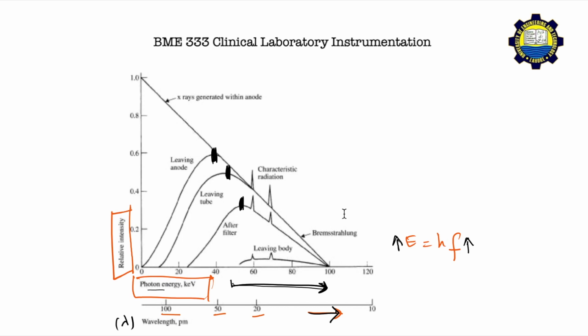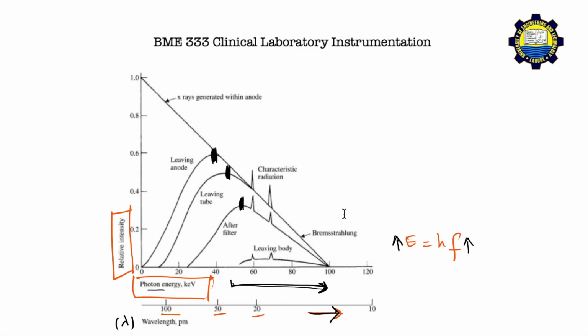Of course the intensity is going to decrease after every incident. After it hits the anode, there's going to be some scattering, so the intensity is going to decrease. After it leaves the tube, some photons are going to get filtered, they're going to hit the walls of the tube, some would pass through the window, so intensity is going to get lost or decreased in that process as well.